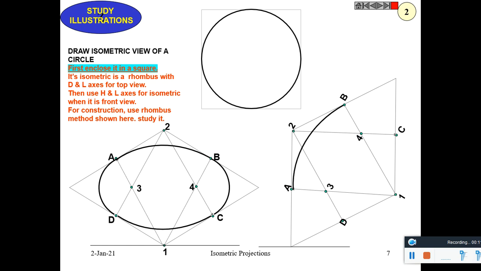Now 2 as center and 2D as radius, draw an arc. Now 3 as center and 3A as radius, draw an arc. 4 as center and 4B as radius, draw an arc. That is the method. So the circle will be seen as an ellipse in the isometric view.